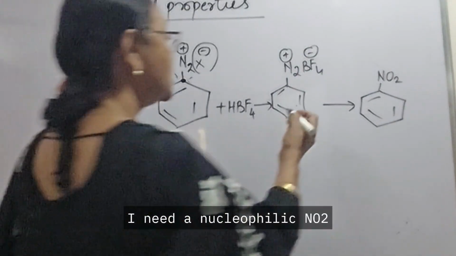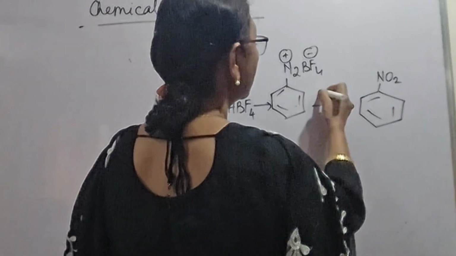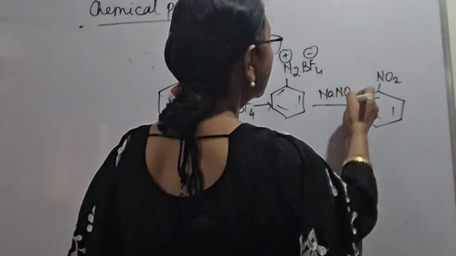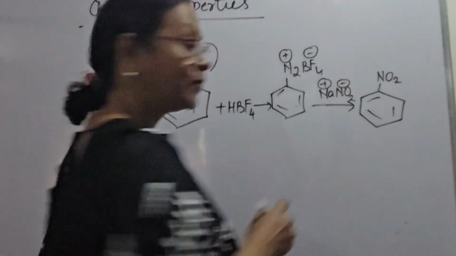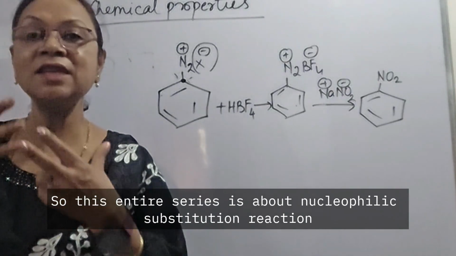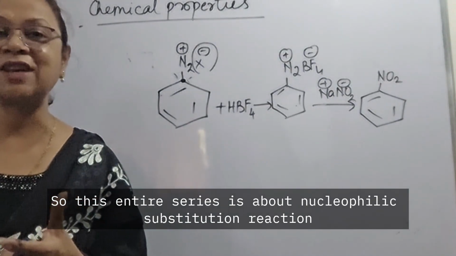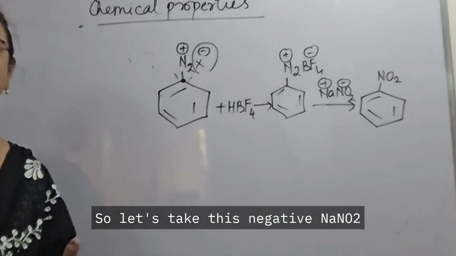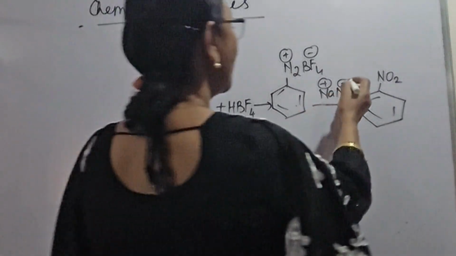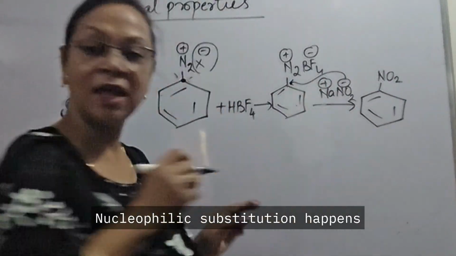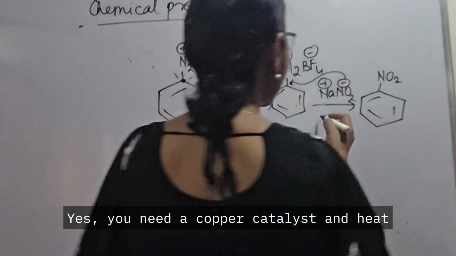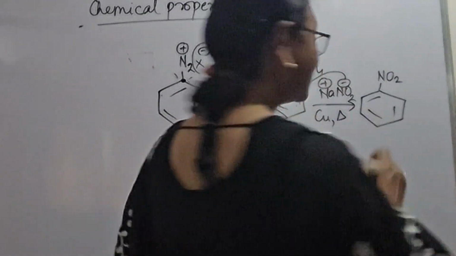Next, in order to get nitrobenzene, I've got to play around with the reagents. I need a nucleophilic NO2, and that is in the form of NaNO2. So this entire series is about nucleophilic substitution reaction. So let's take this negative NO2. Nucleophilic substitution happens. Do you require heat? Yes, you need a copper catalyst and heat.